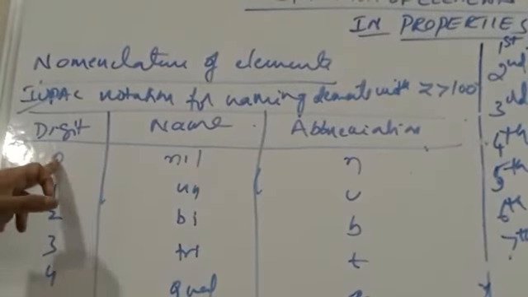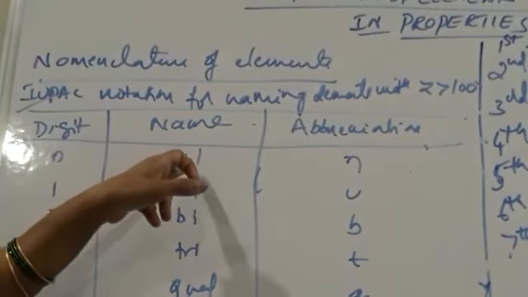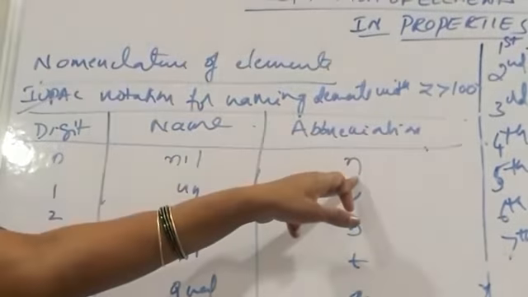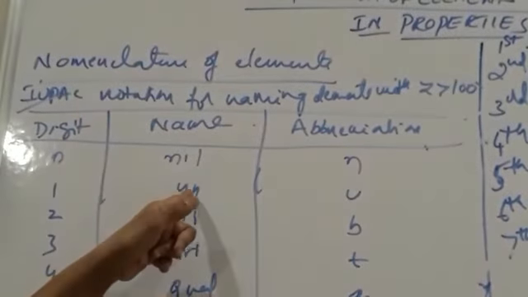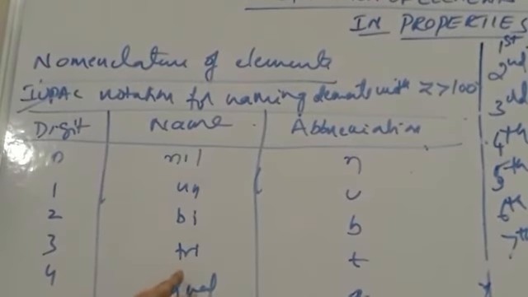If the number 0 is there, we name that as nil, abbreviated with N. 1 is un, 2 bi, 3 tri, 4 quad, 5 pent, 6 hex, 7 sept, 8 oct, 9 enn. For example, take atomic number 109. By using these abbreviations, the ending of the name must be ium.